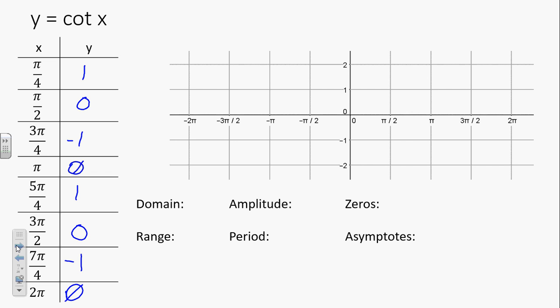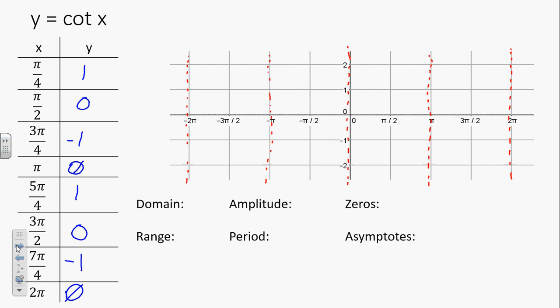So we'll be undefined at 2 pi, and we'll be undefined at 0. Asymptotes there. And then also on pi. And negative pi. And negative 2 pi. So far, so good?